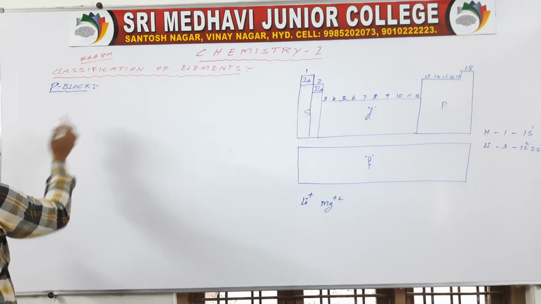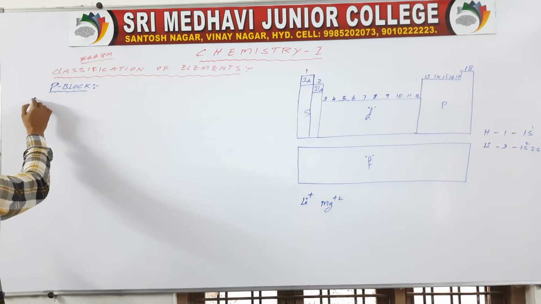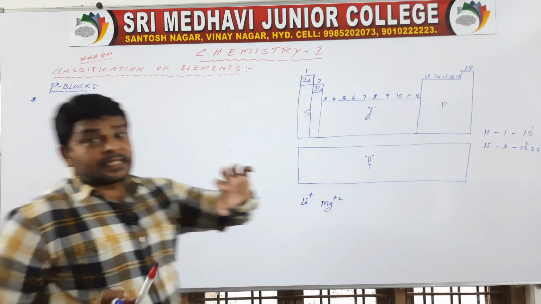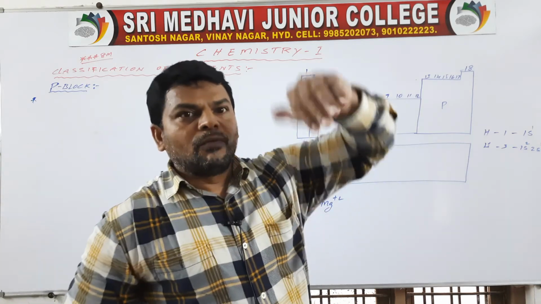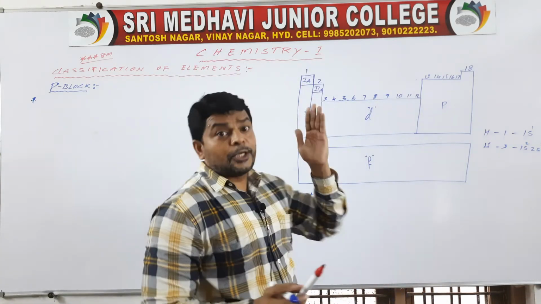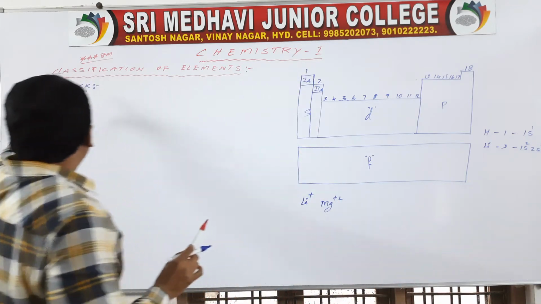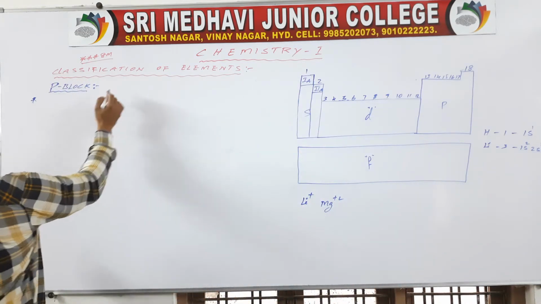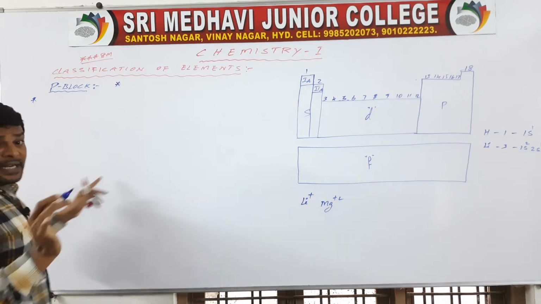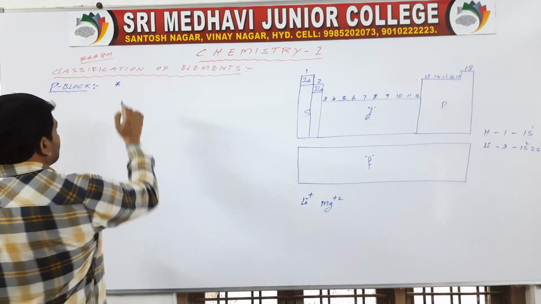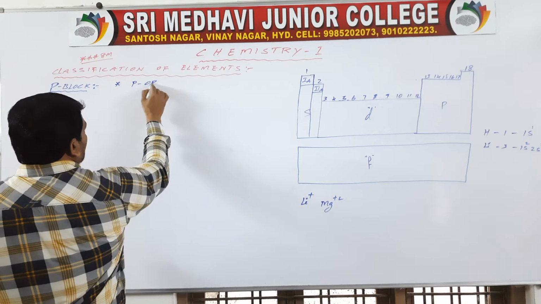Okay. Next, p block. The same description that is going on for s block, you may apply to p block also. So here the differentiating electron enters into the p orbital.